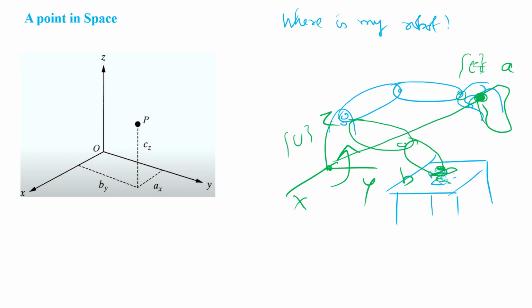So this is my end effector frame with respect to the U frame. How far is my robot? That you should know in terms of translation, how far it has moved.